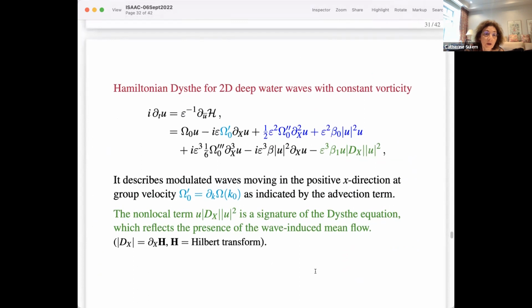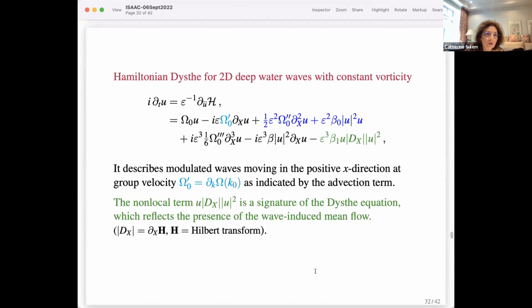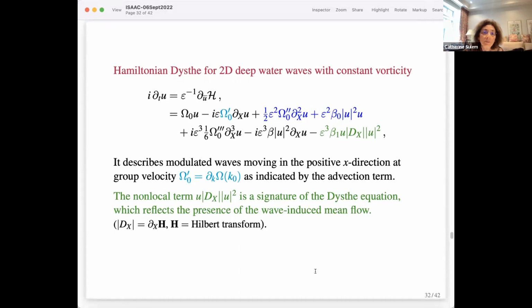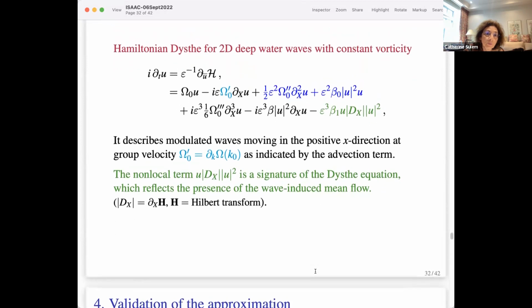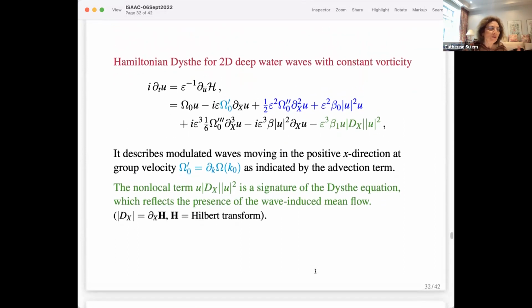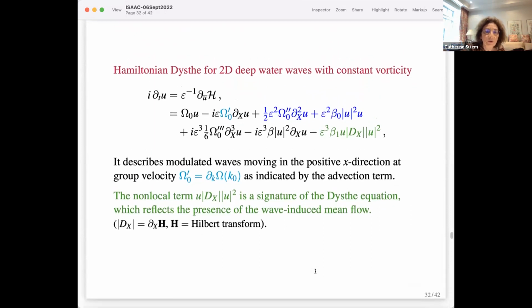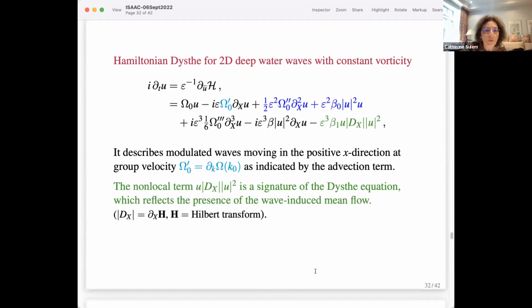But as several of our numerical simulations have shown, not only for constant vorticity, but other situations of 3D problems, for example, the two versions of Dysthe give a good approximation compared to the waves from the integration of numerical simulation of the original Euler problem.